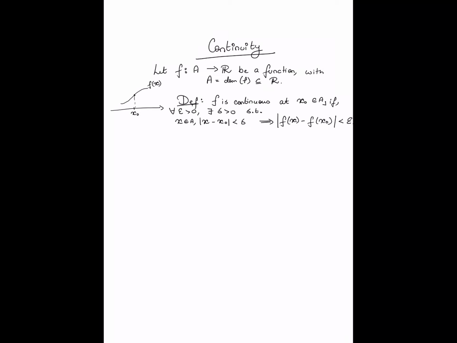And again, the epsilon is arbitrary, so it captures the fact that as x becomes closer and closer to x0, f of x becomes closer and closer to f of x0. That, I hope, is the takeaway from this definition.